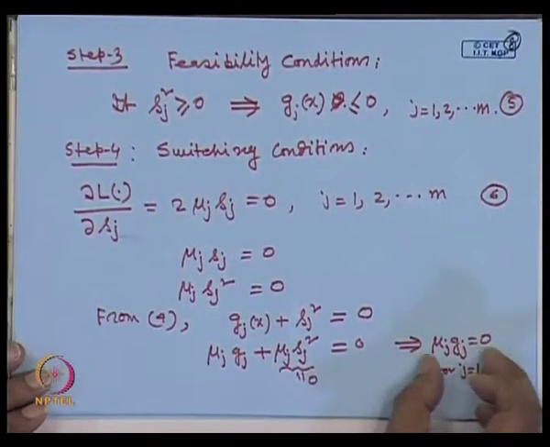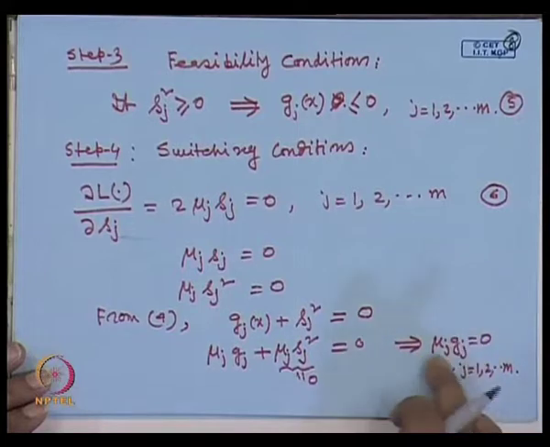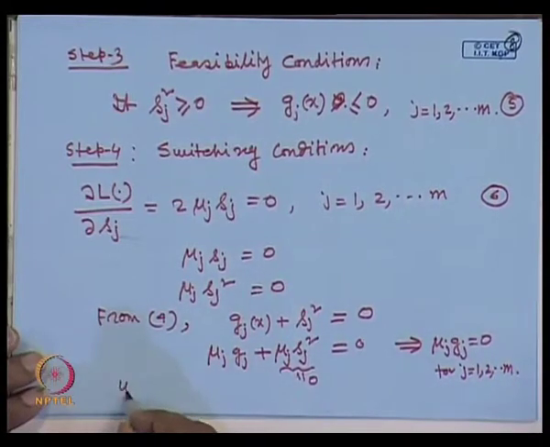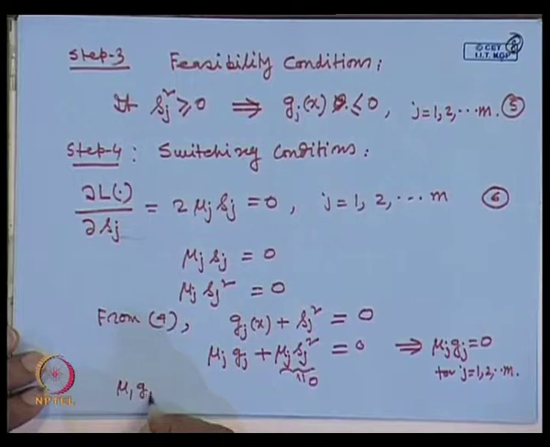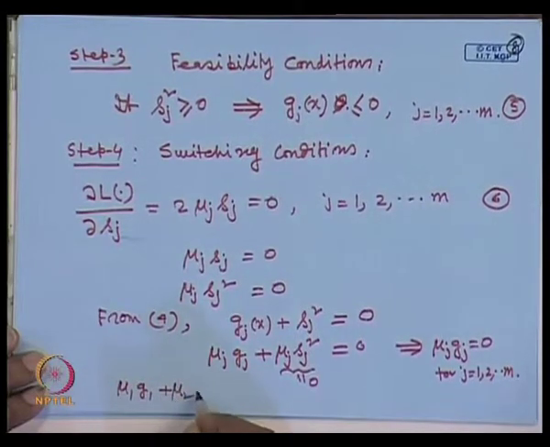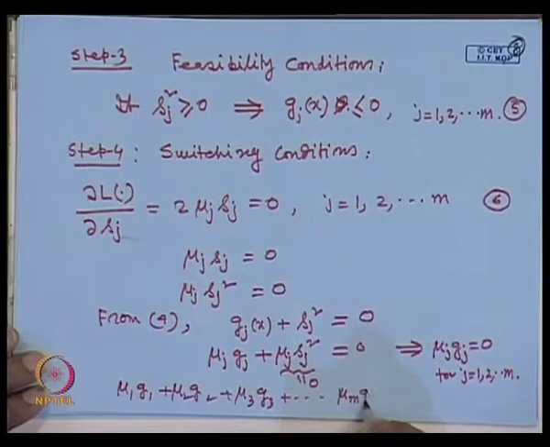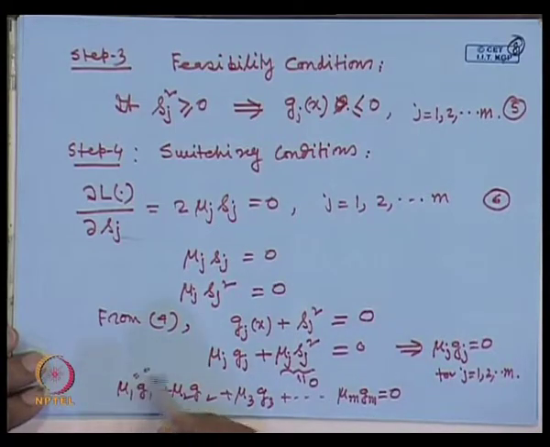If I write all these, then I can write mu 1 G 1, mu 2 G 2, mu 3 G 3 and so on up to mu m G m is equal to 0, because each component is 0, individually.